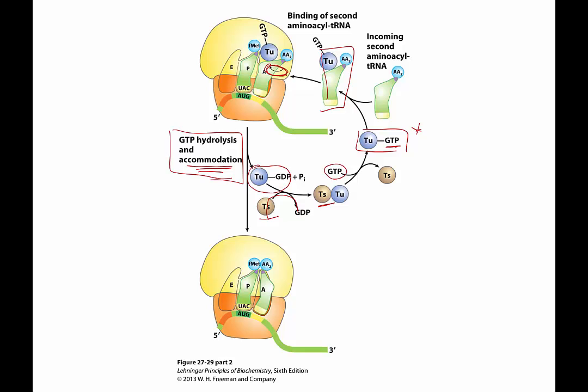You have this amino acid attached tRNA arm that is going to swing over into the active site here. It's just a conformational change of this transfer RNA to put the amino acid into the active site. And that positions the amino acid into what is known as the peptidyl transferase active site.